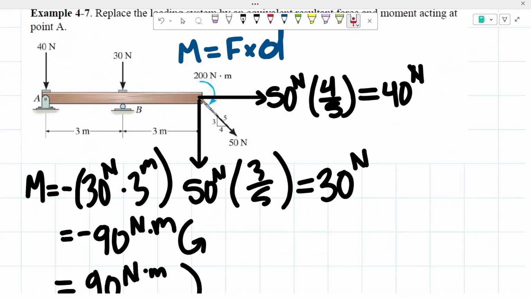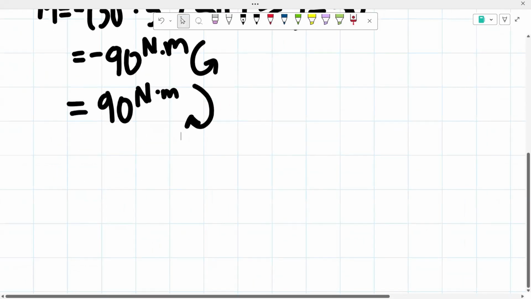From there, we have our 30 newtons that is going downwards. So we have our force, which is 30 newtons. Now we just need the distance. So we know that's going to be a total of 6 meters. From there, we just have to determine positive or negative moment. Since it is going downwards as well, it's also creating that clockwise moment, meaning it's going to be negative.